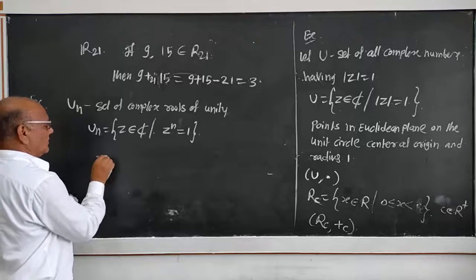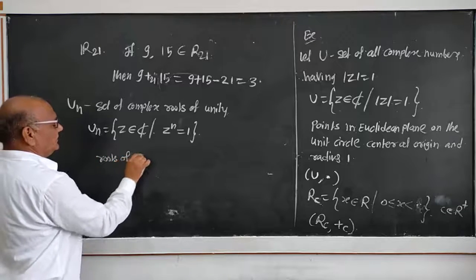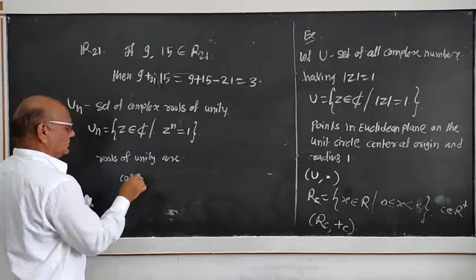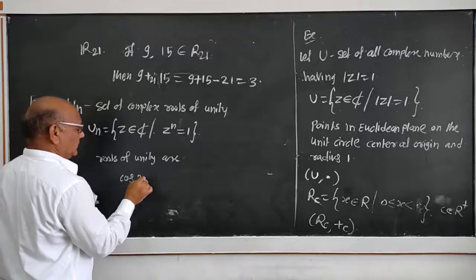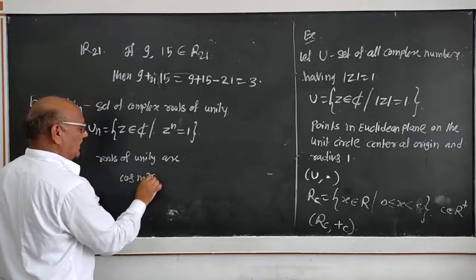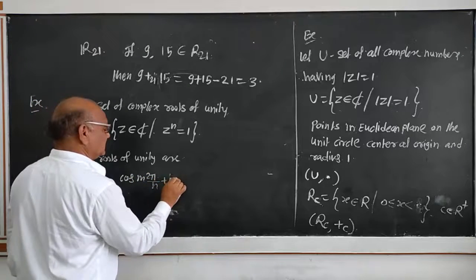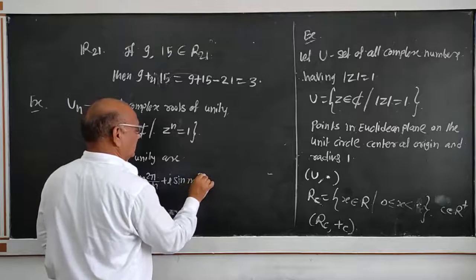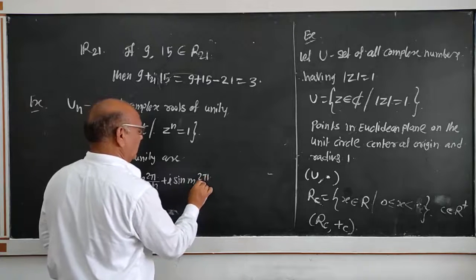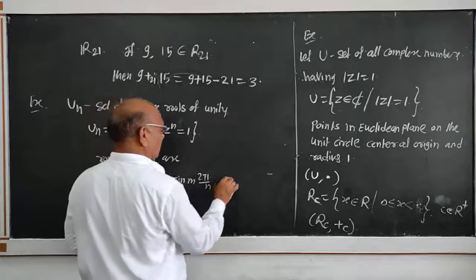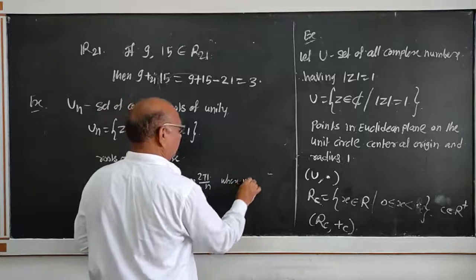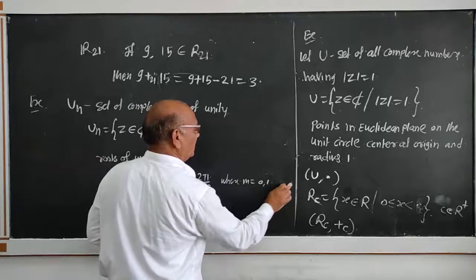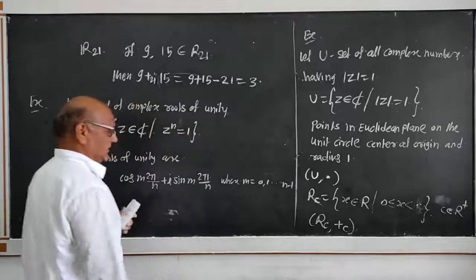Then the roots of unity are cos of m 2 pi upon n plus i sin m 2 pi upon n, where m varies from 0, 1, 2 up to n minus 1.